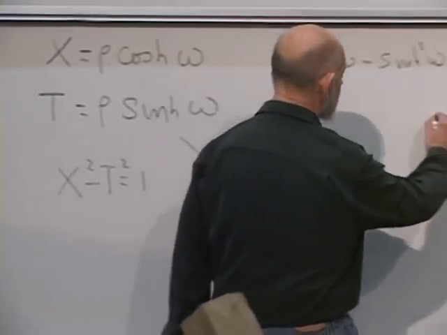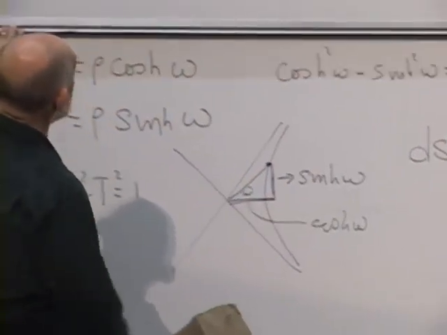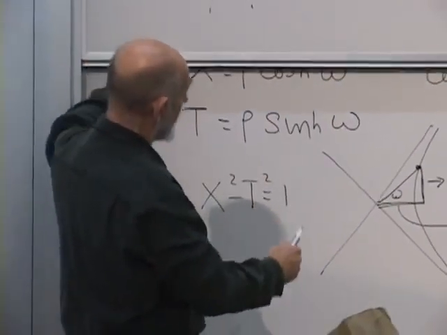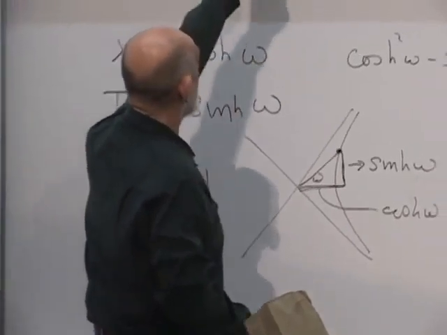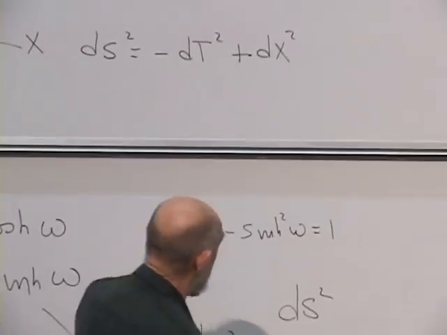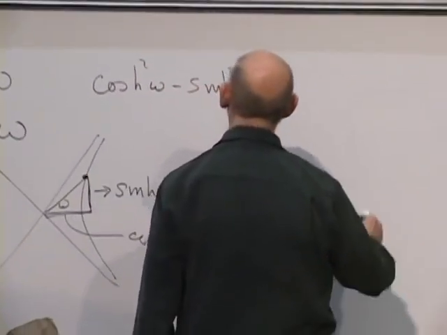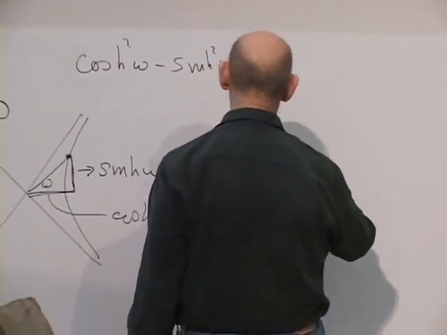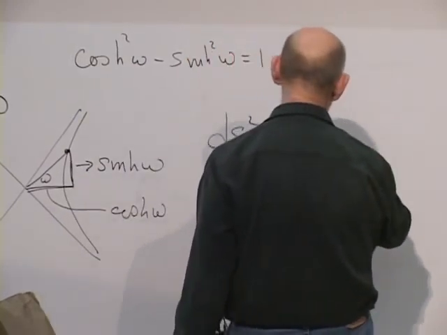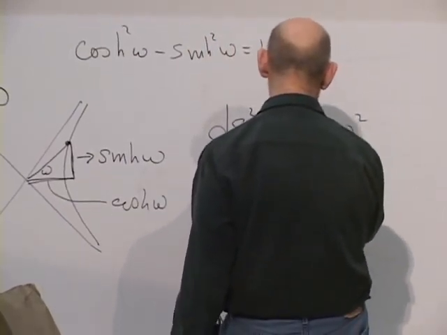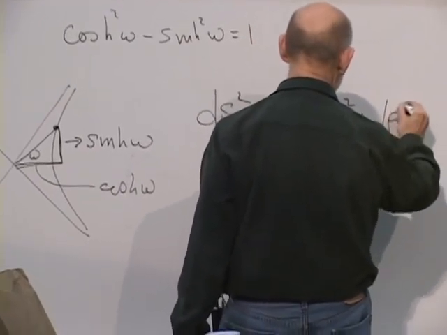Here it is, ds squared, which is just, where is it? Did I write it? Here it is. ds squared is minus dt squared plus dx squared, easy to work out, is equal to rho squared d omega squared with a minus sign and with a plus sign d rho squared.